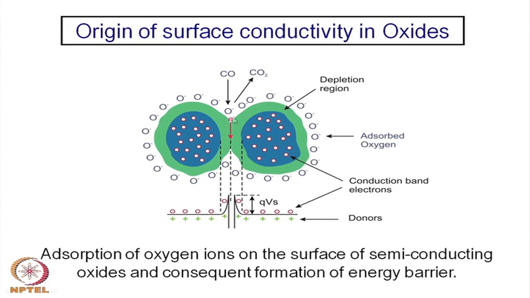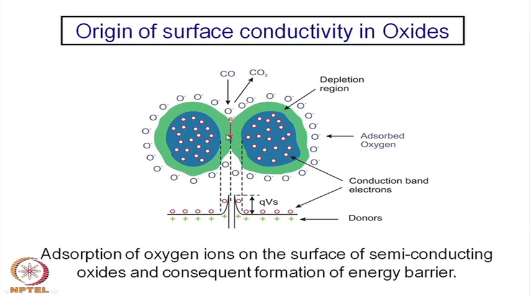Now, as a result of that, an insulating barrier is created, and the conduction band bends here, because you have an insulating barrier. So, the electron cannot move so easily from this point to that point. It has to cross a particular energy barrier.